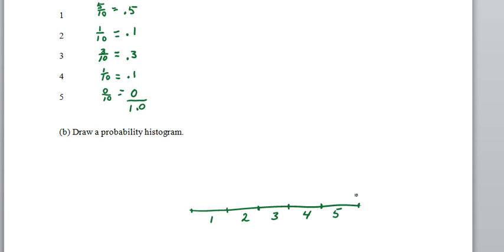So for 1, we use the width from 0.5 to 1.5, for 2 from 1.5 to 2.5, etc.